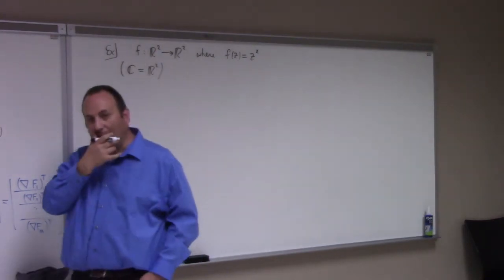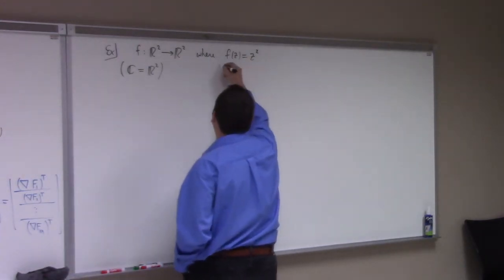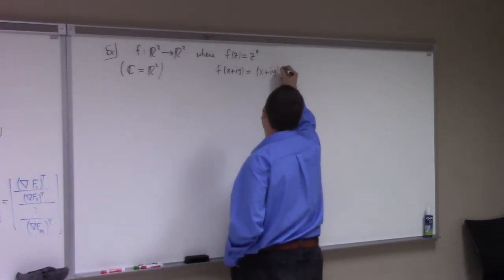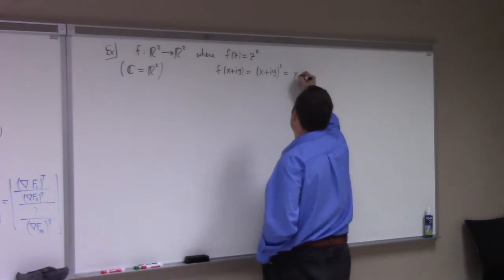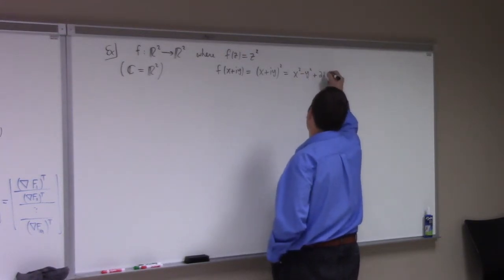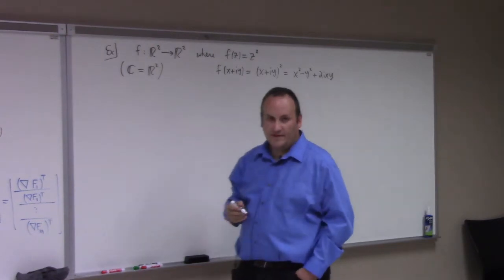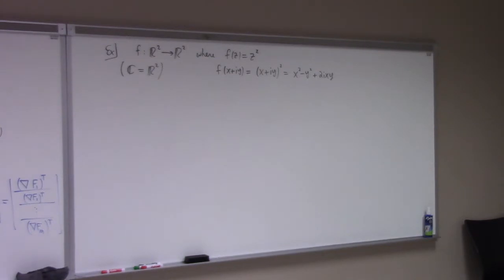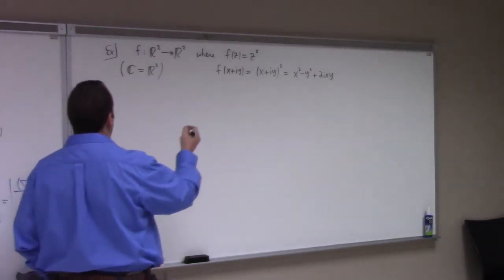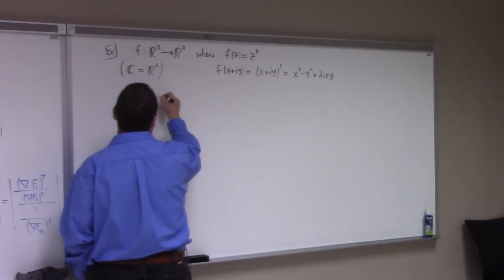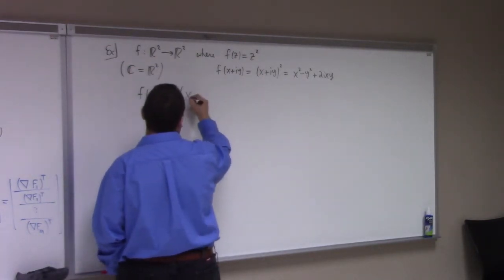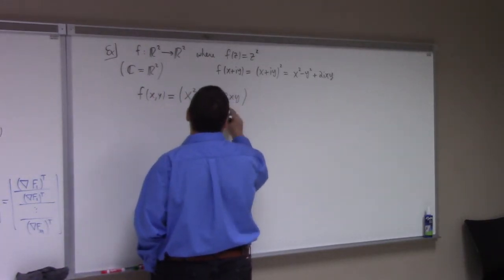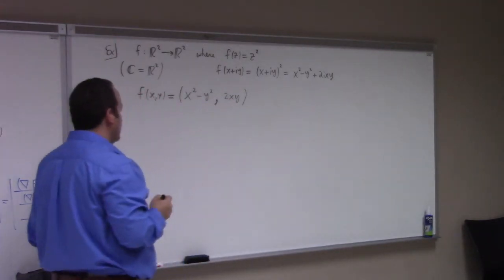So f of x plus iy equals (x plus iy) squared, which is x squared minus y squared plus 2ixy. That's the formula in complex notation. In real notation, f of (x, y) equals (x squared minus y squared, 2xy).